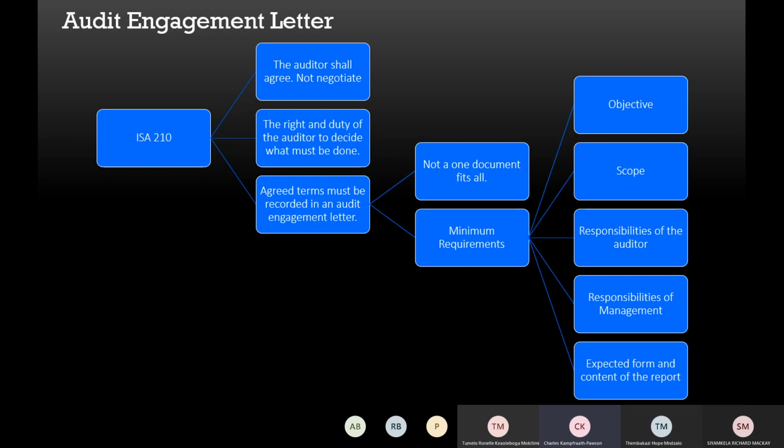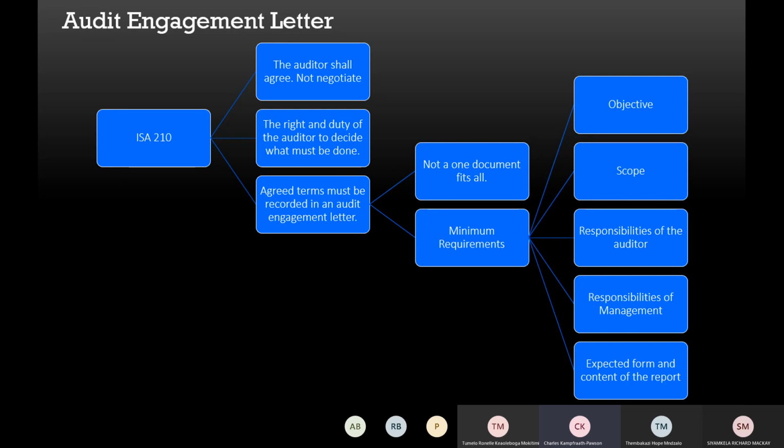We will still get to audit opinions in much detail, but it's a very good question because we are talking about the expected form and the content of the report. So the opinion that you want to receive is an unqualified opinion. I know that at the moment that you say that, it sounds wrong, as if the opinion doesn't have any qualification. An unqualified opinion means we didn't qualify our audit report.